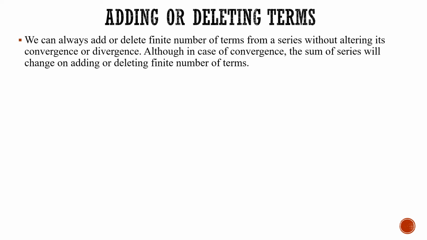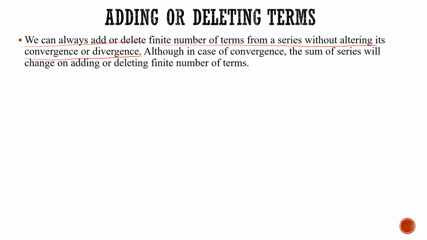Now I'd like to discuss a few properties which the series follows. It says that we can add or delete a finite number of terms from a series without altering its convergence or divergence. That means you can add or delete finite terms from a convergent or divergent series without changing its behavior.